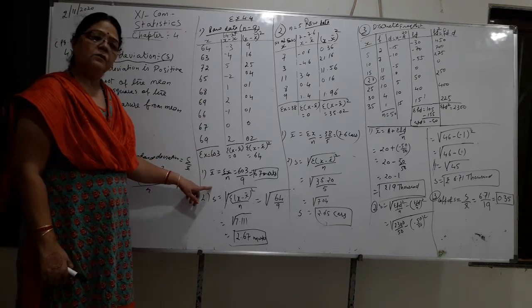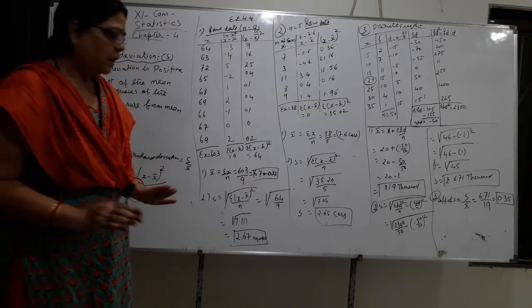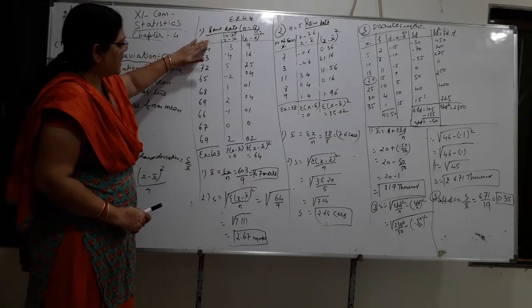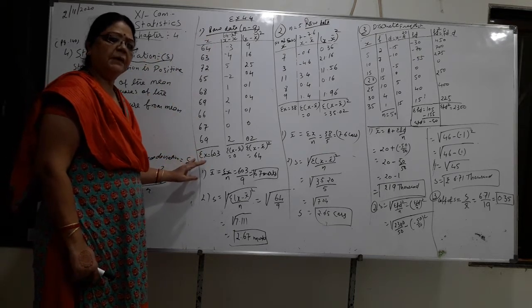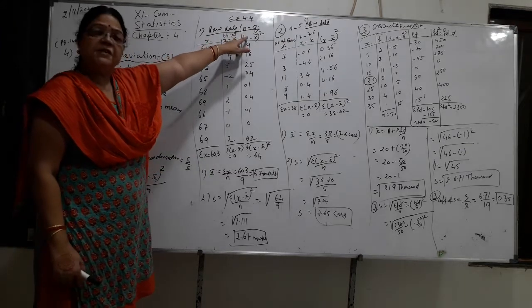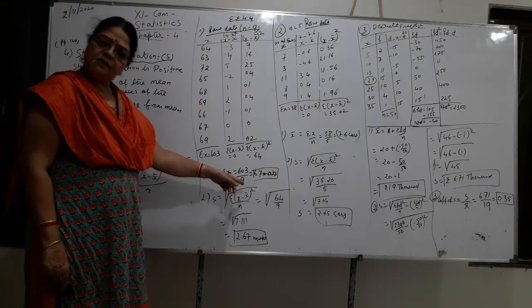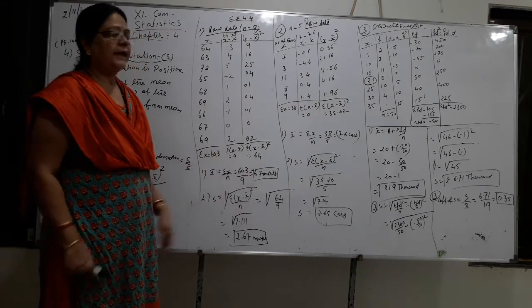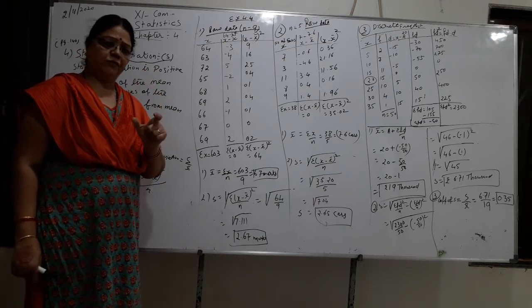What is the formula for the mean of raw data? Sigma x upon n. Sigma x means the total of all the observations. So it is 603 and the number of observations n is 9. So 603 upon 9, you will get 67 marks. In this we have to write the unit.